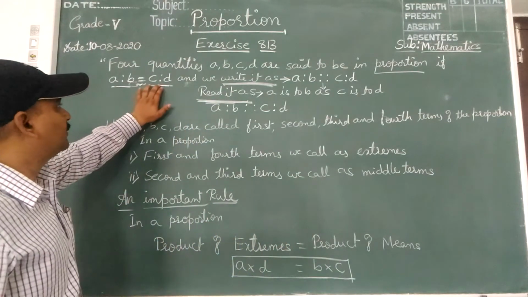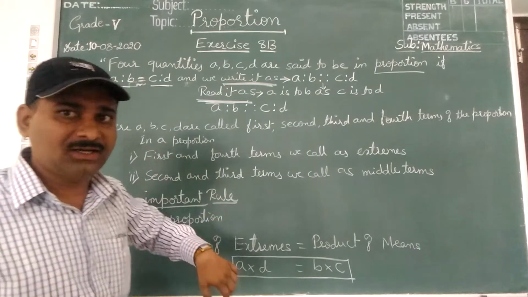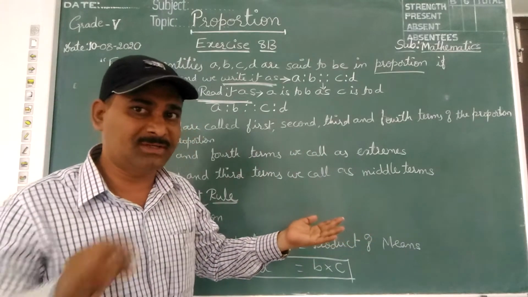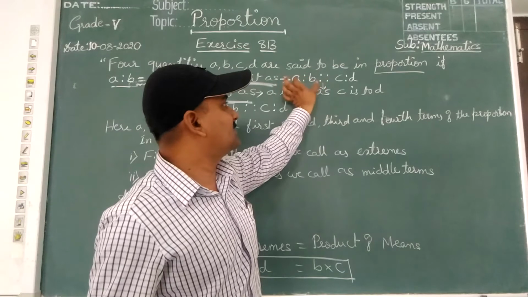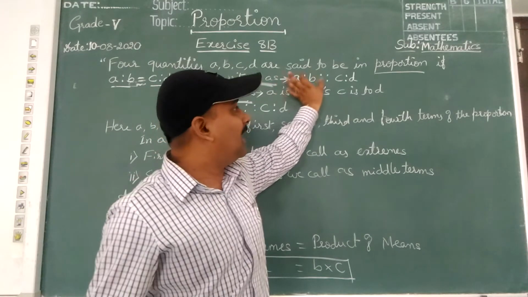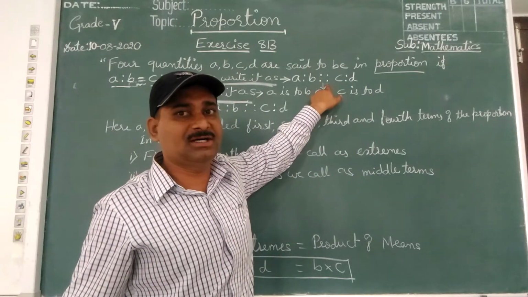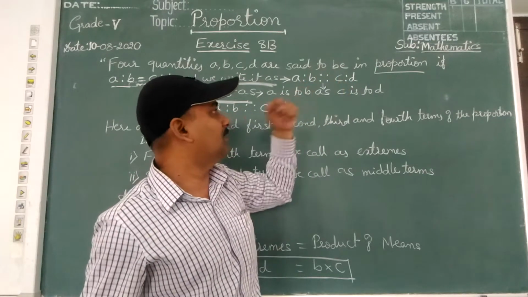How to write proportion symbolically? Like this. One ratio and the second ratio are equal to each other.